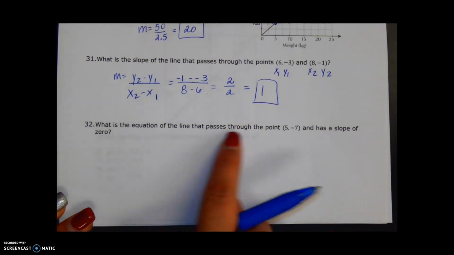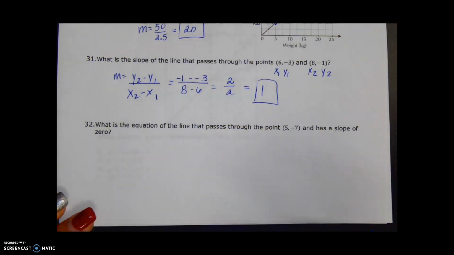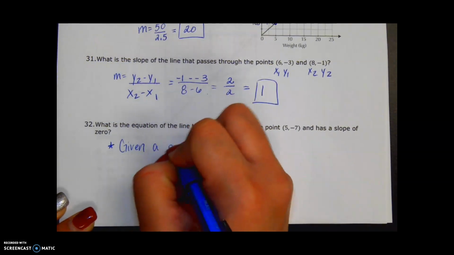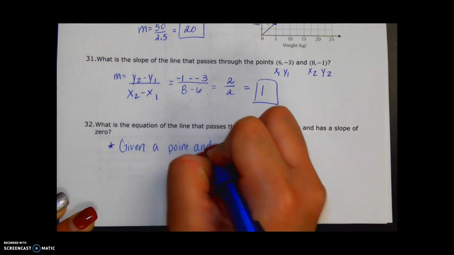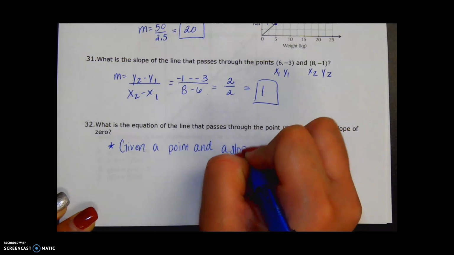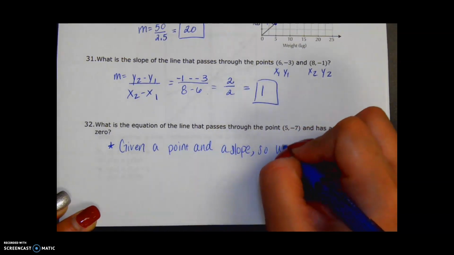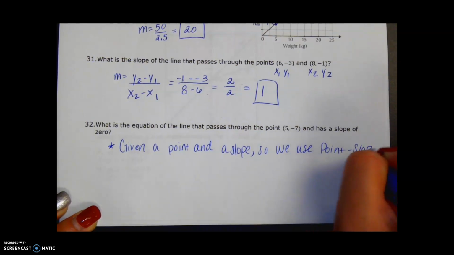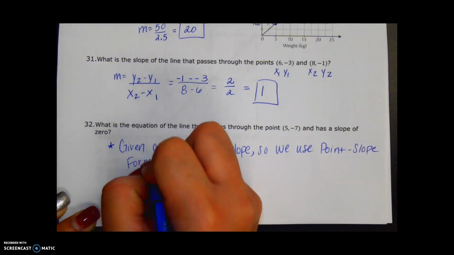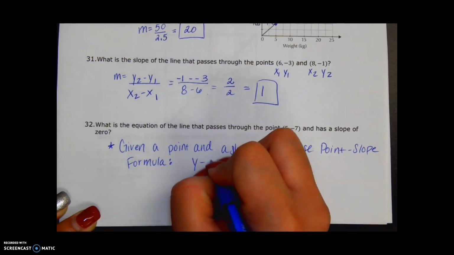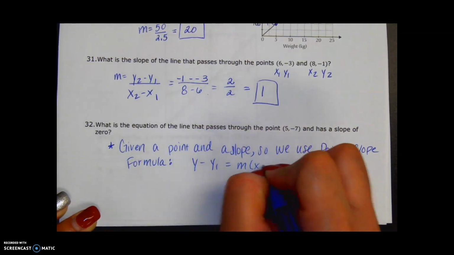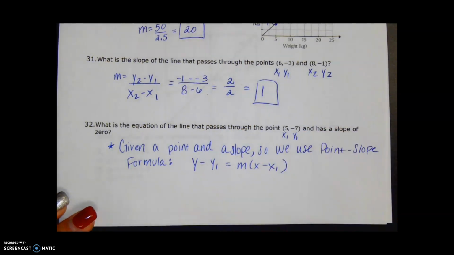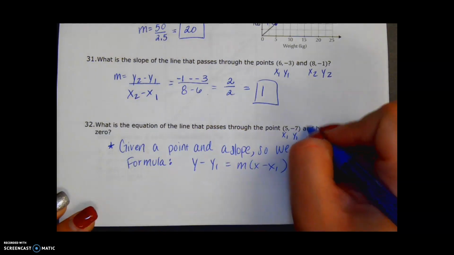Okay, what is the equation of the line that passes through the point and has a slope of 0? So we are given a point and a slope. So we use point-slope formula. And that formula is y minus y1 equals m times x minus x1. All right, here's my x1, y1. My slope is 0.